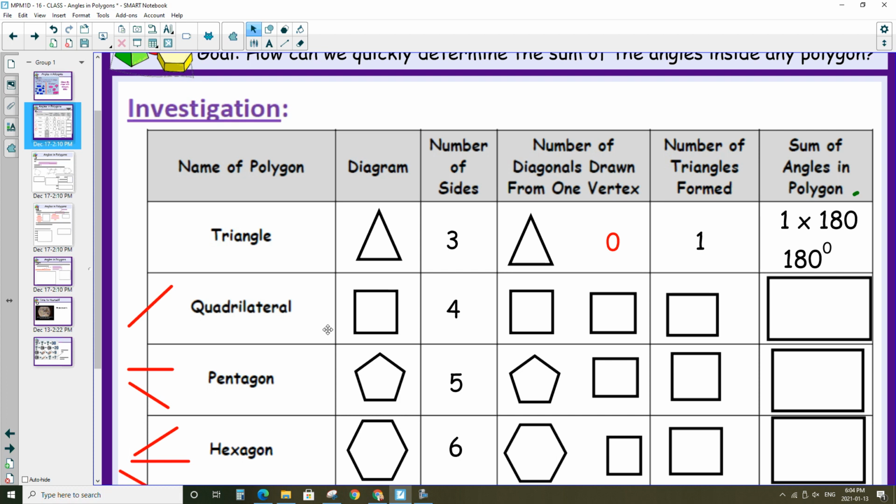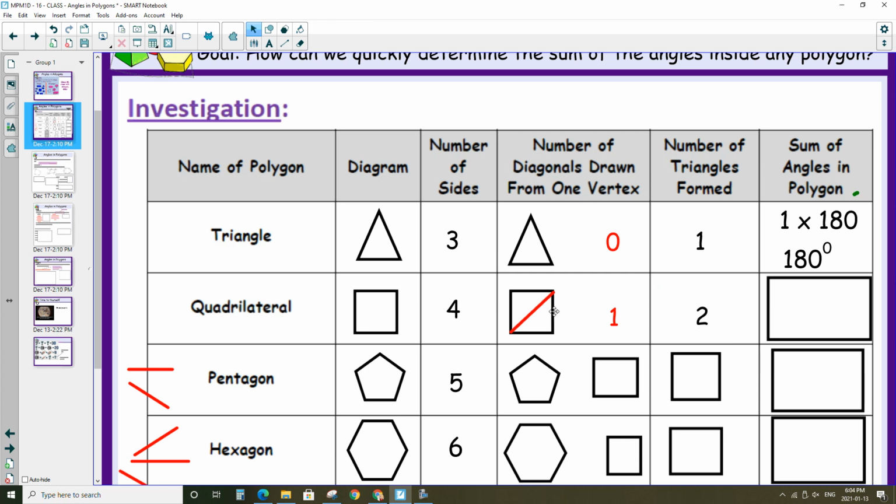If we look at a quadrilateral, like a square, if we choose a vertex and then draw a straight line to another vertex, we can break this shape into 2 triangles. So it's one diagonal that we drew, which creates 2 triangles.